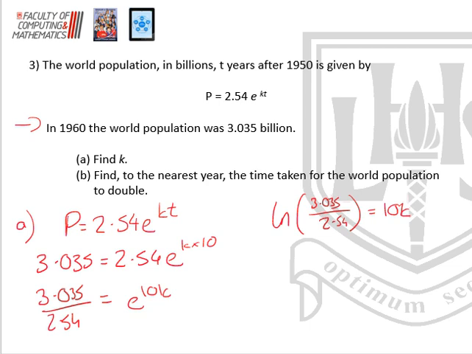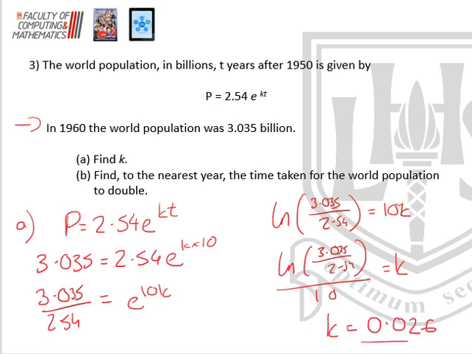And then divide by 10 means ln of 3.035 over 2.54, all divided by 10 is equal to k. So k is equal to 0.026. Okay, now we can move on to part B.